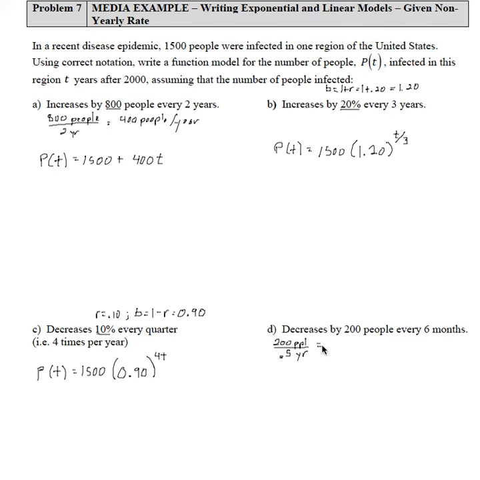And if I divide 200 by 0.5, I get 400 people per year. This is a decrease, so my population of people infected starts at 1,500 and decreases, so minus 400t. So similar to what we had in part A, but part A was an increase and part D is a decrease.